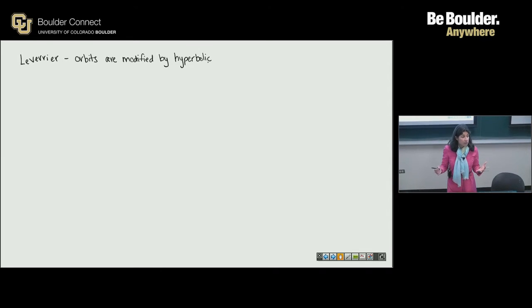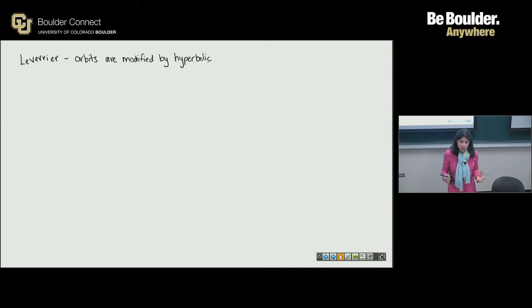It's not on an ellipse because it's obviously not getting captured by the planet. So it's on a hyperbolic orbit. And he also noted that after this gravitational flyby, it's changed the orbital energy with respect to the sun.